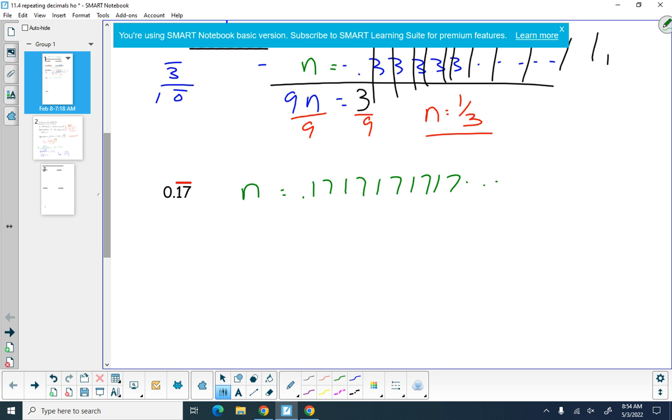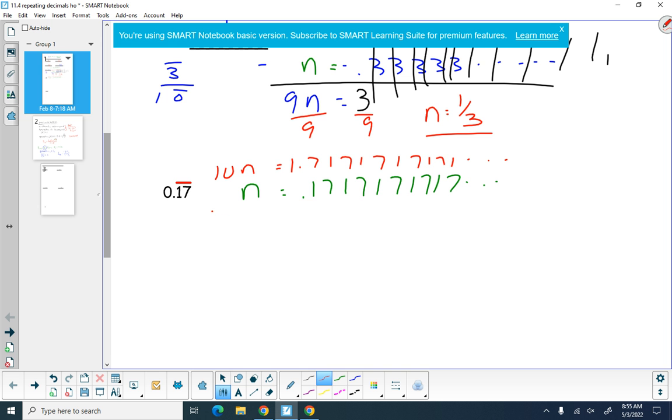If we would follow the same method of madness, multiply both sides by 10. We would have 10n is equal to, if I multiply the bottom by 10, it moves my decimal point 1 position. So we have 1.71717171, and so on.